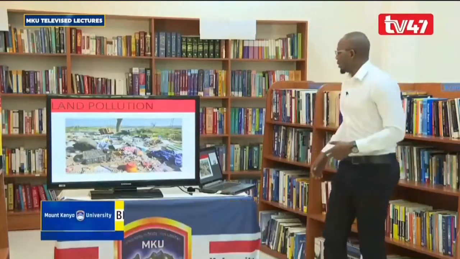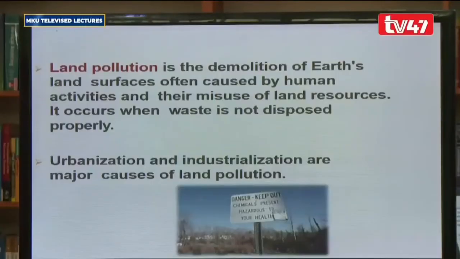Then look at land pollution, or rather soil pollution. Land pollution is mostly influenced by activities caused by people, majorly.